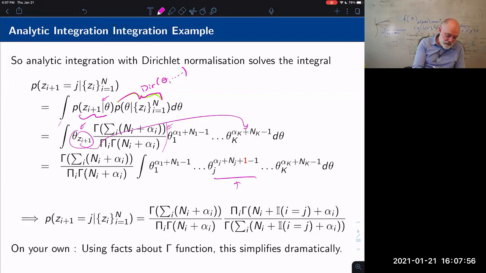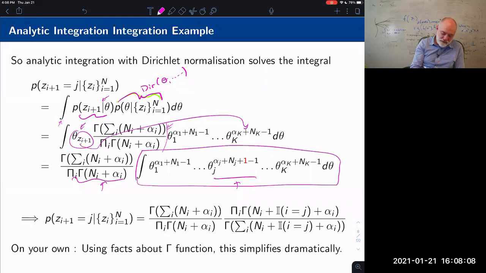And we still have to do this integral. We have to integrate over the parameter space, right? So we have the old normalization constant here, but we have this crazy integral, and this is how Bayesian statisticians do integrals. They're the only integrals that Bayesian statisticians can do, non-numerically. You look at this and you say, oh wait, that's actually just another Dirichlet distribution, but what we're doing is estimating the normalization constant for that Dirichlet distribution.